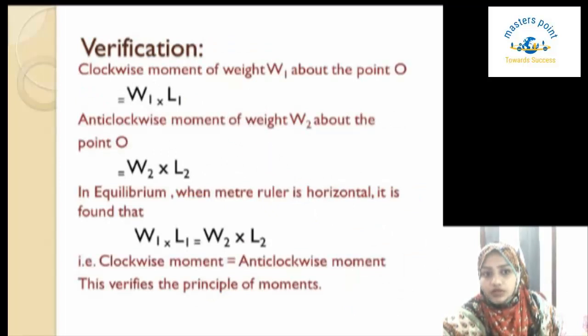My first weight, for the clockwise moment, was 2 and my length was 6. So this is going to give me 2 times 6 is 12.